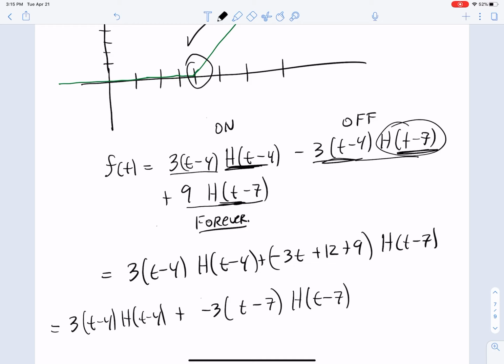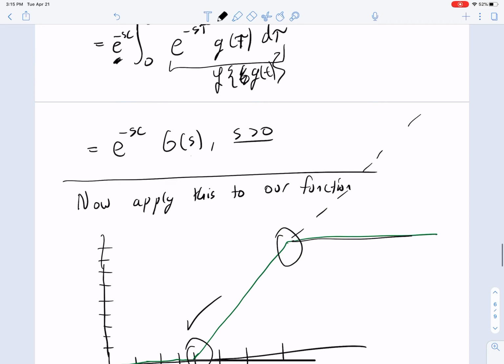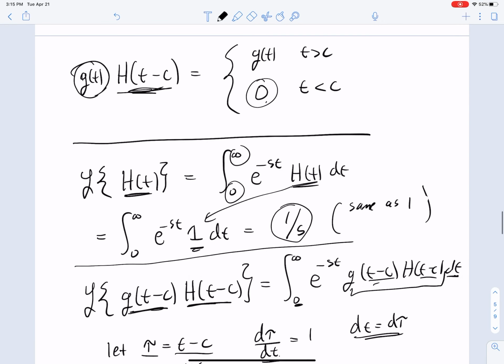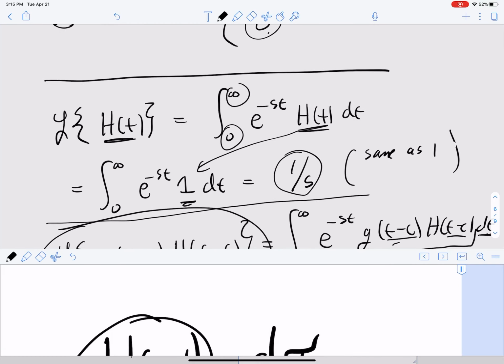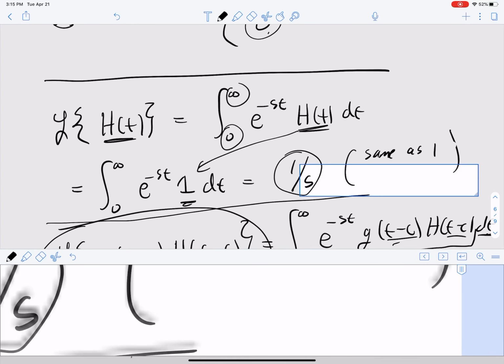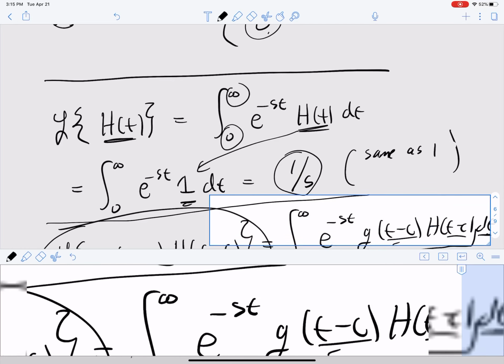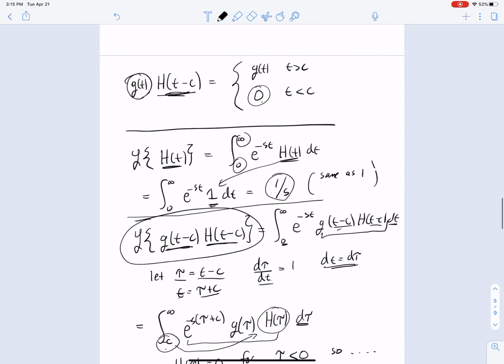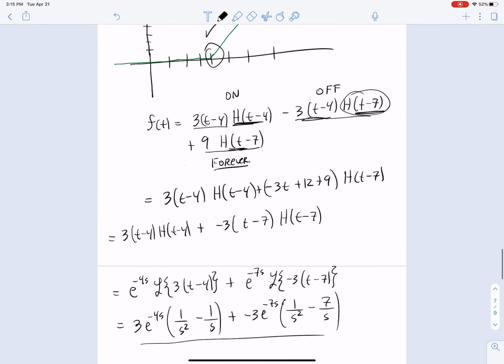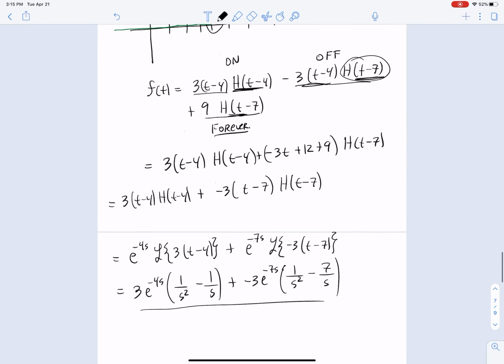All right, so one last little thing here to do would be to use my formula here. I want to write this as g of t minus c, h of t minus c. Sorry. So we can always do that with a linear function like this.